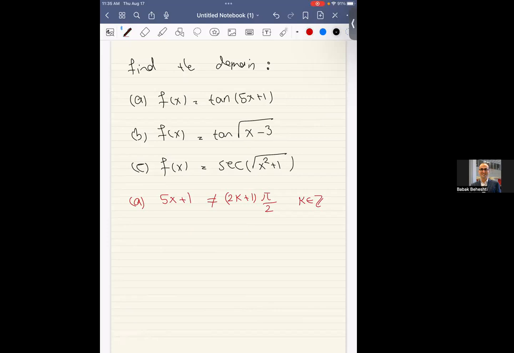So that means 5x cannot be equal to 2k plus 1 times pi half minus 1.